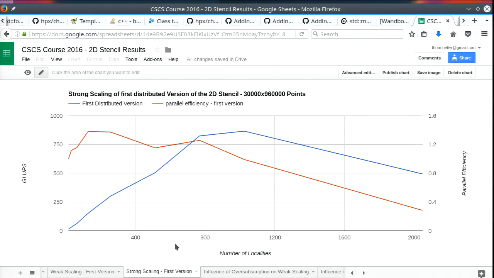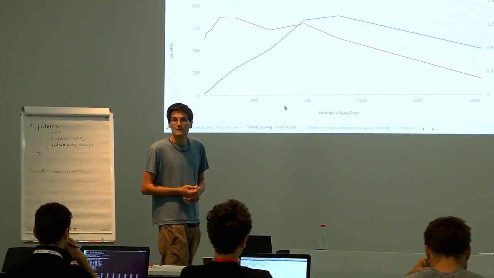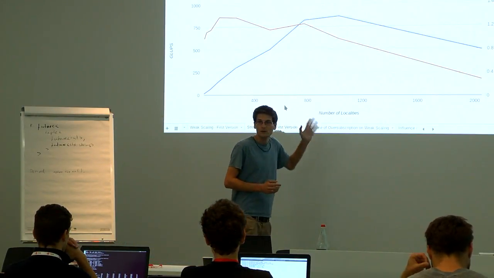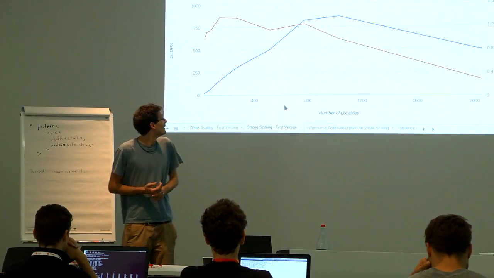And then it just drops, right? The scalability drops. The problem is, it's a fairly small problem still. On 1K nodes, we have around 1,000 grid points in y direction, and on 2K nodes, we have 500. So it's fairly small, and the waiting on the communication dominates there, right? But up until 768, we do have fairly well scaling.